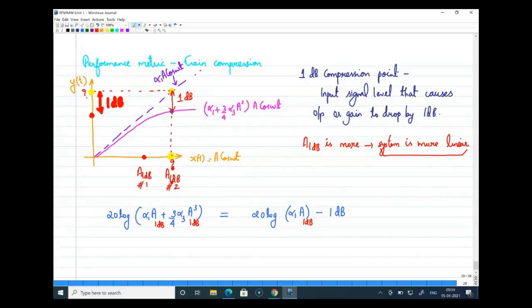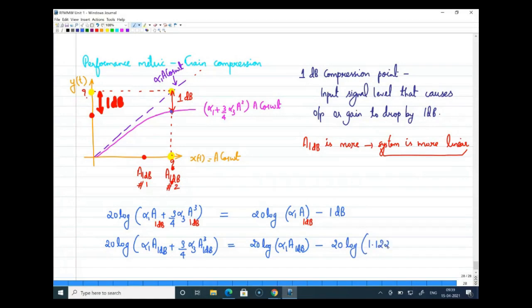Now how will I further simplify this? What I need is an expression for A1 dB, that amplitude. We can simplify this by writing it as alpha 1 A1 dB plus 3 by 4 alpha 3 A1 dB cube equal to 20 log alpha 1 A1 dB minus 1 dB, which I'll also write in terms of 20 log, where 20 log of almost 1.122 is your 1 dB.